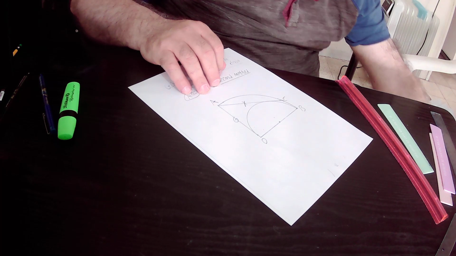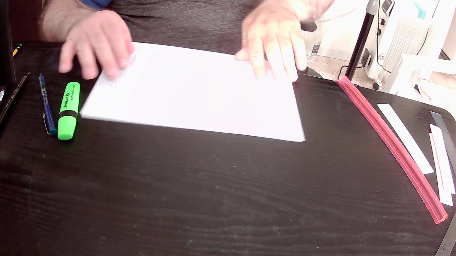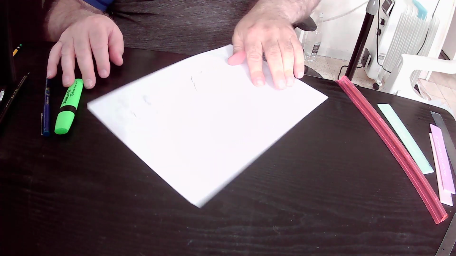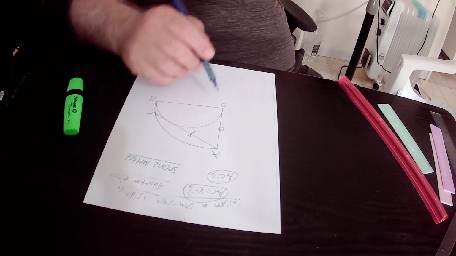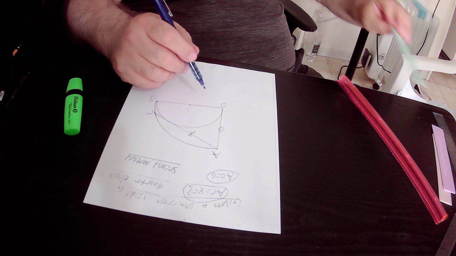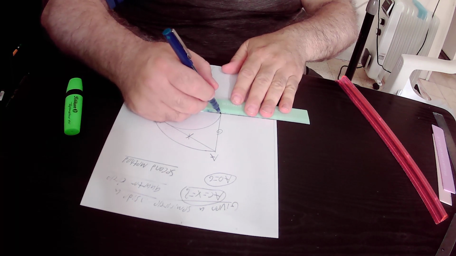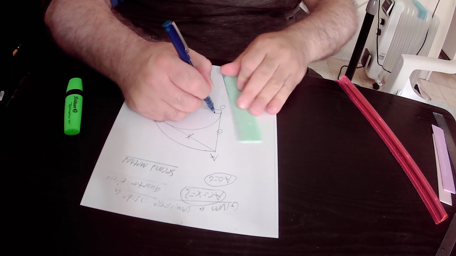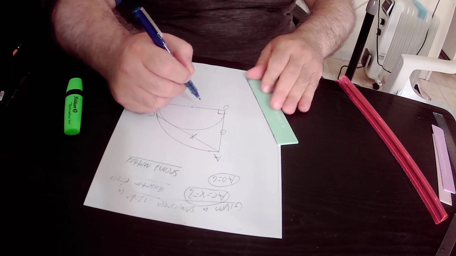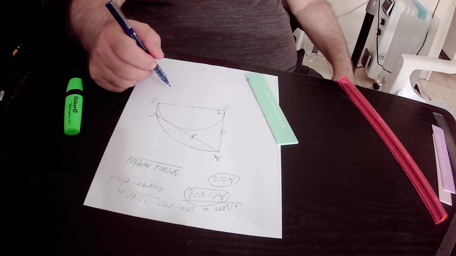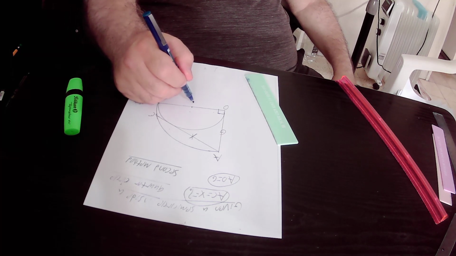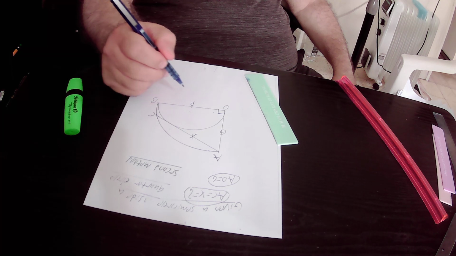In the second method, we will use all the things that we have already found out in the first method. Here we have already found out that this angle is a right angle, point O is the center of the quarter circle, and the radius of the quarter circle equals 6 units. This is point P, the center of the semicircle.